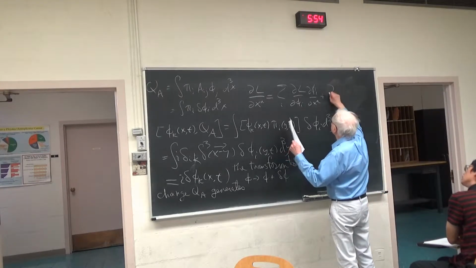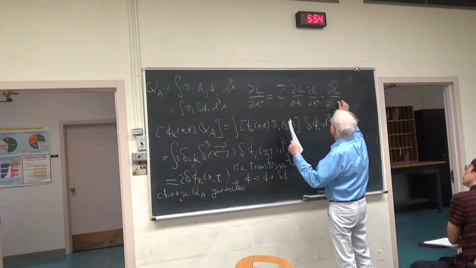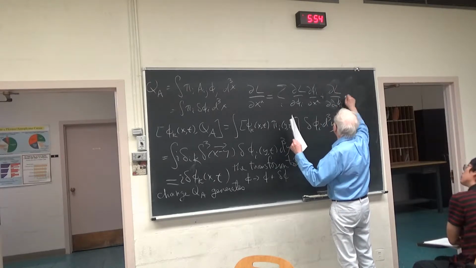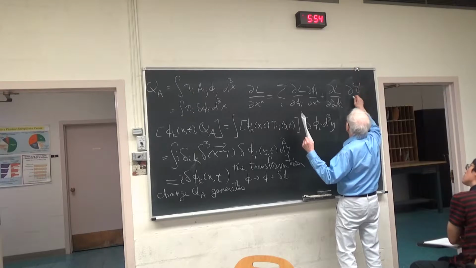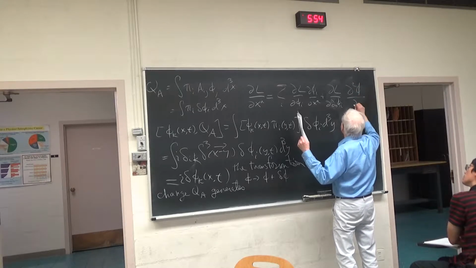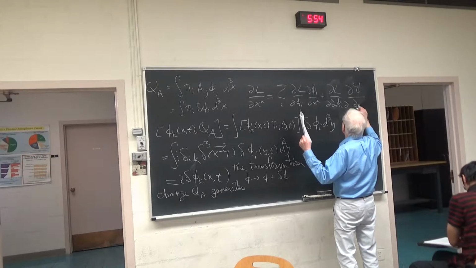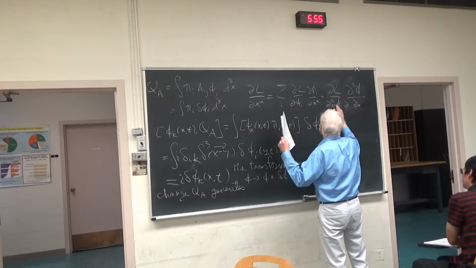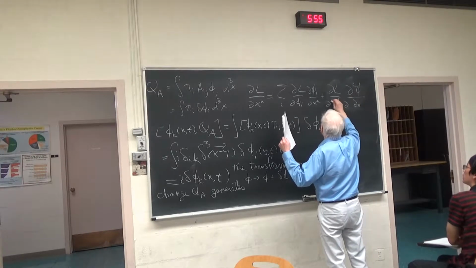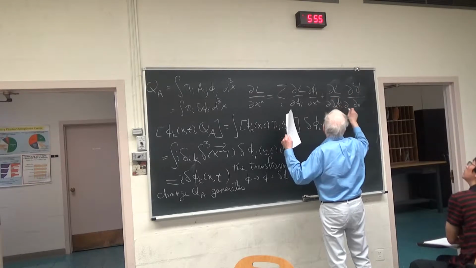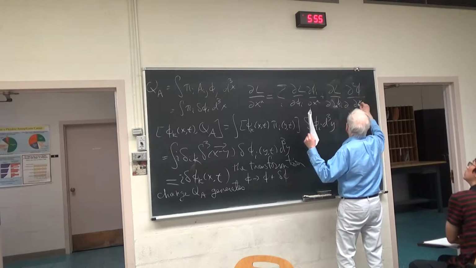It's partial L, partial d_B phi_i, partial 2 of this with respect to d_B, and, well, yeah, all right, this is okay.